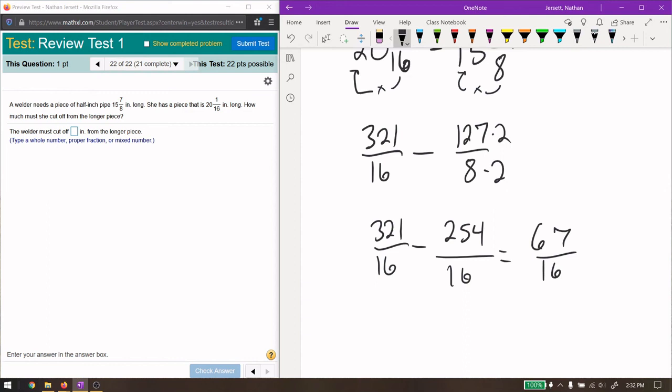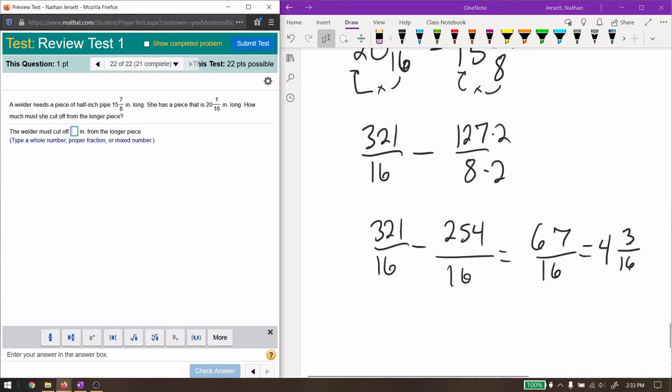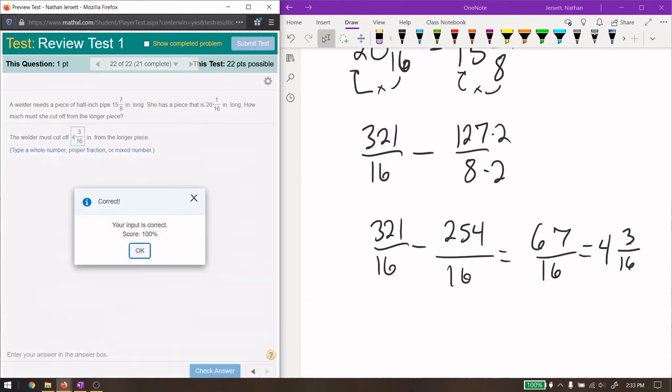And we ask how many times can 16 go into 64? 16 times 4 is 64. 67 minus 64 is 3. 3/16. So she must cut off 4 3/16 to get 15 7/8 remaining. 4 3/16. Check it. And that's correct.